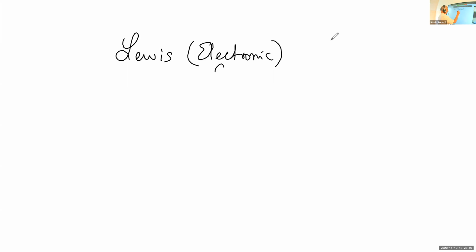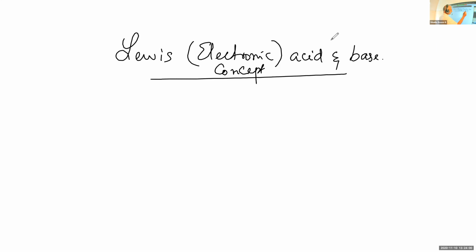Now let us see another concept. That is the Lewis concept of acid and base. It is the electronic concept of acid and base. Lewis concept is based on electrons.